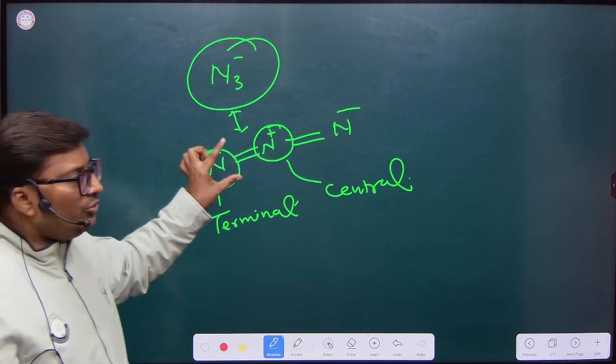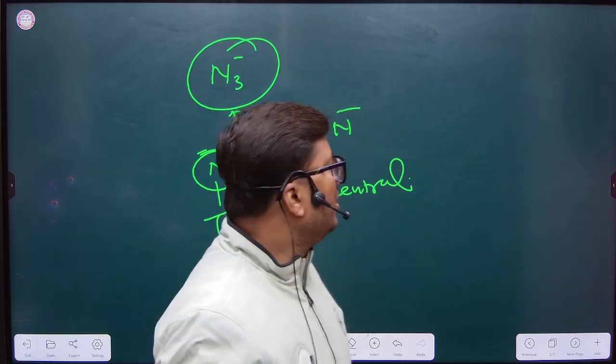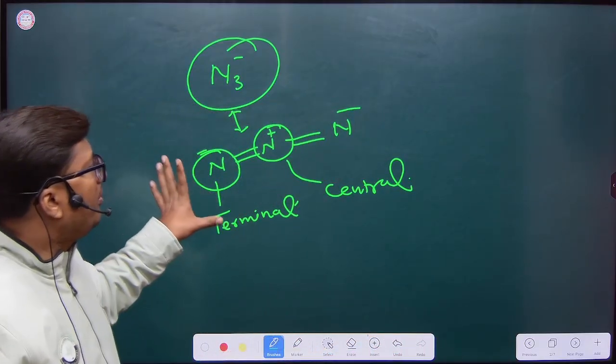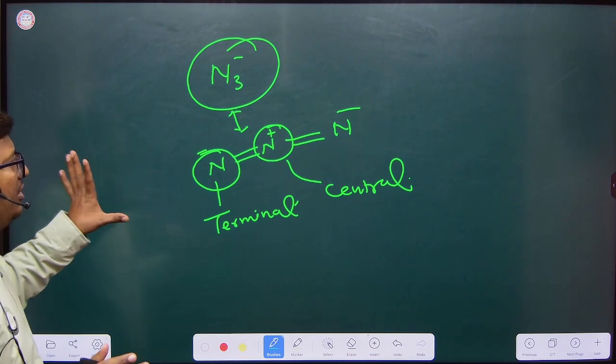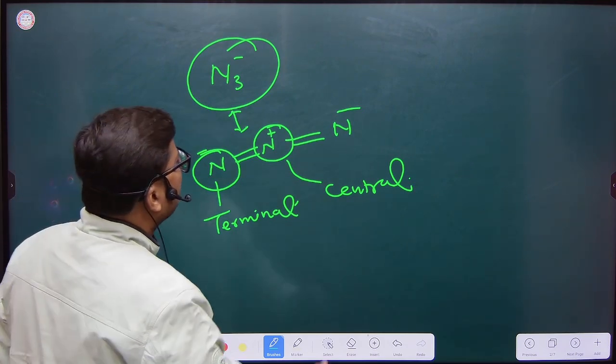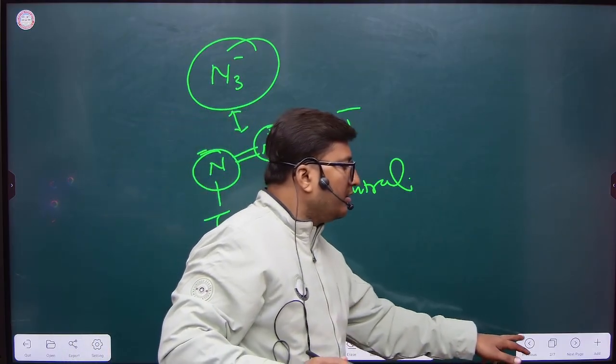So there will be two different types of coordination compounds. These two different types of compounds have different properties and obviously applications. So azide ion is a very good example of an ambidentate ligand, right?